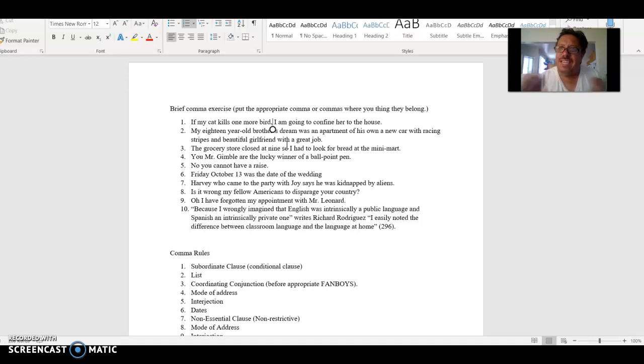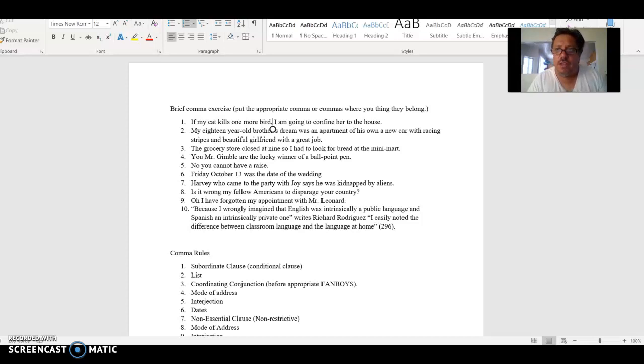And in order legally for a clause or a non-sentence to be involved with a sentence, it needs to hook up with a real sentence. And the way you do that is you need to separate the clause out with a comma, okay? All right, so if my cat kills one more bird, comma, I'm going to confine her to the house. Now, one thing I should say here is there's two ways to write this sentence, right?